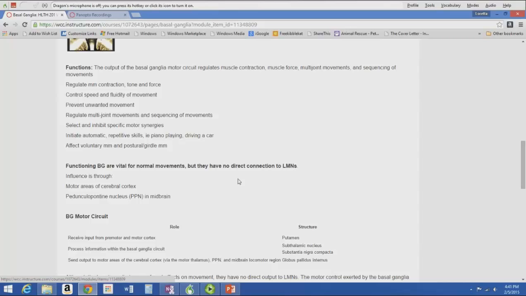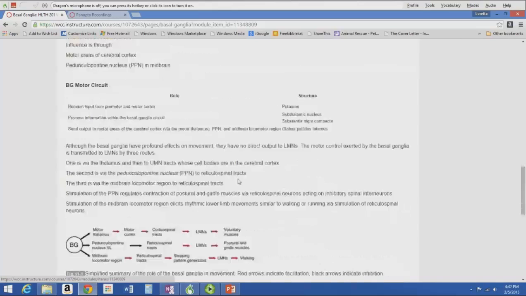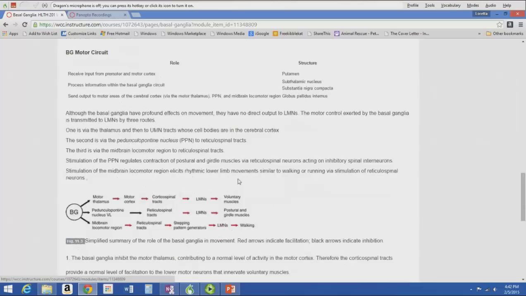So the basal ganglia's influence is through motor areas of the cerebral cortex and through the pedunculopontine nucleus, or the PPN, and we'll just call it the PPN from now on, so I don't have to say that word, in the midbrain. So even though it has a vital function in normal movement patterns, there's no direct connection to the lower motor neurons.